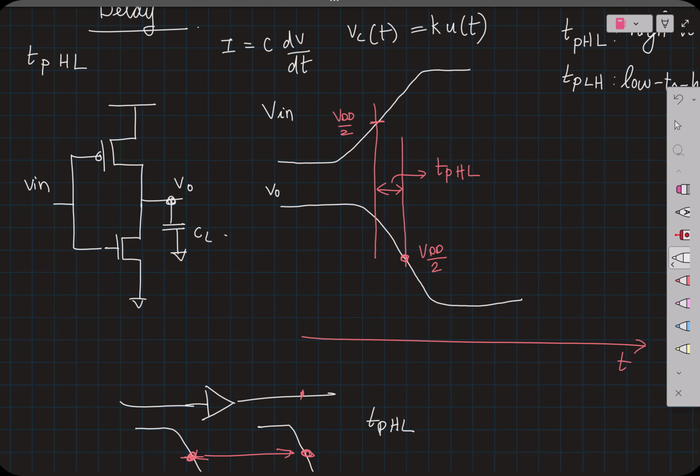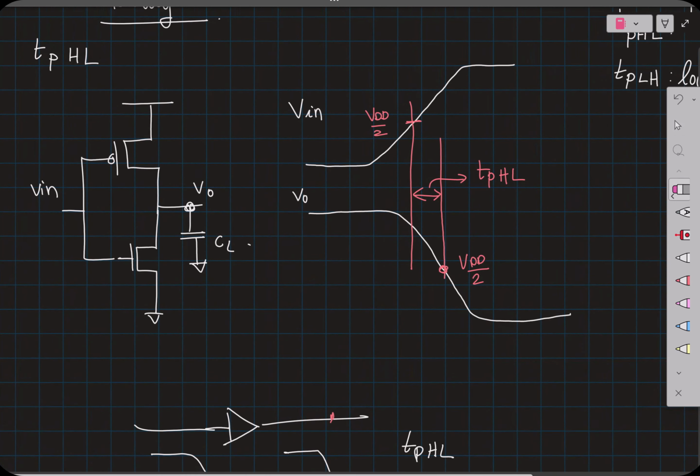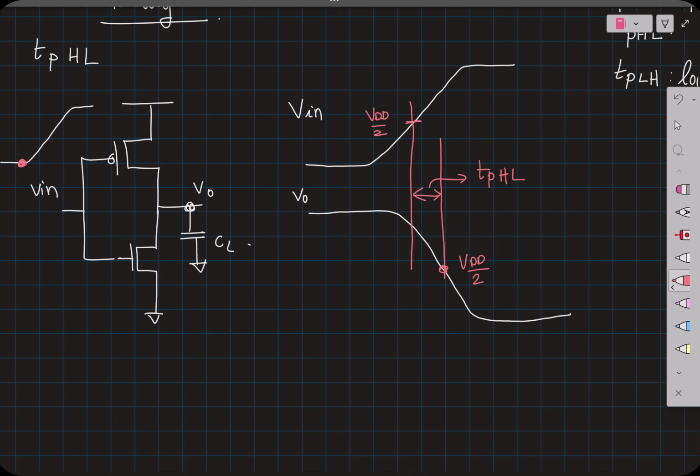Right? Now that we concur that delays are expected in this circuit, let's qualitatively analyze what is going to happen for this condition. So when your Vin is increasing, what happens to the NMOS and PMOS transistors? Prior to this, at this point, your PMOS is completely on and your NMOS is off, and your output is at VDD.